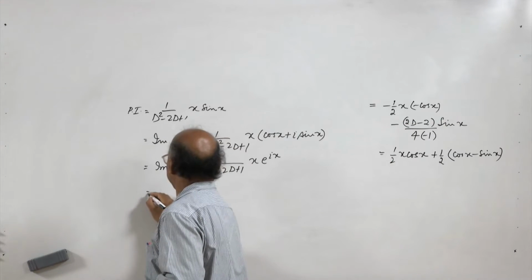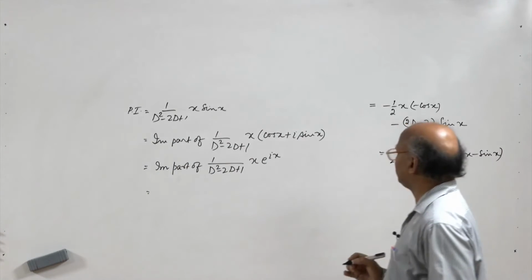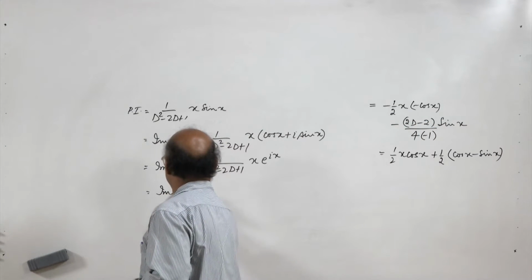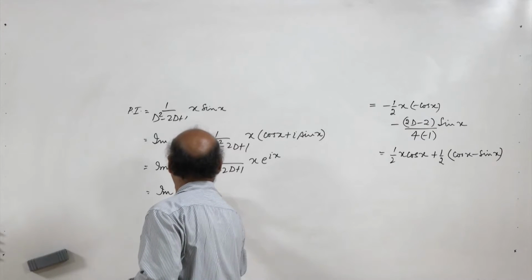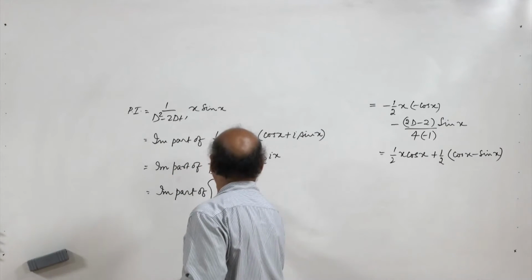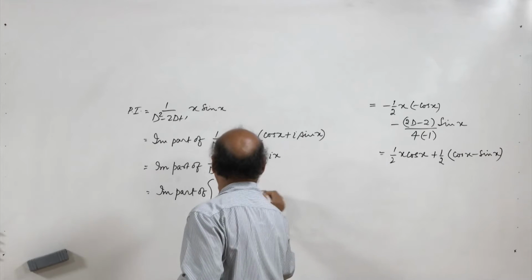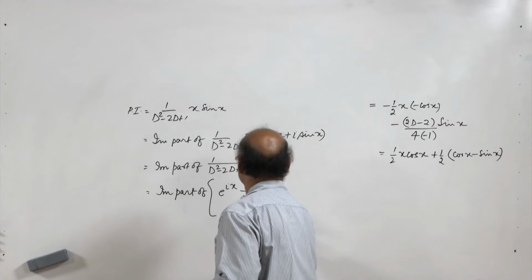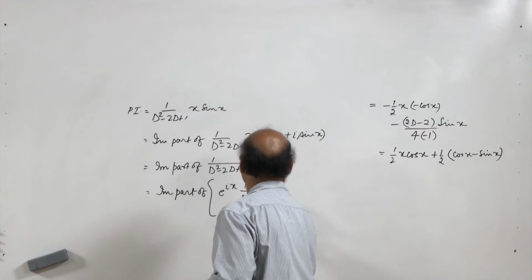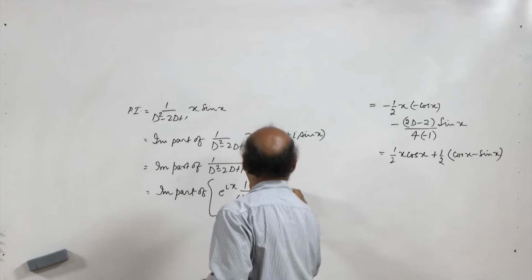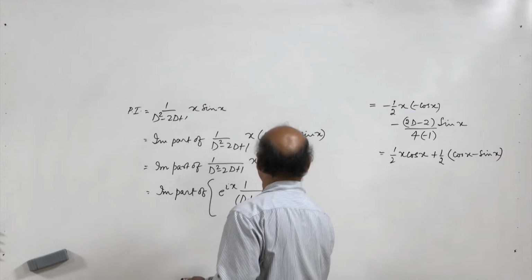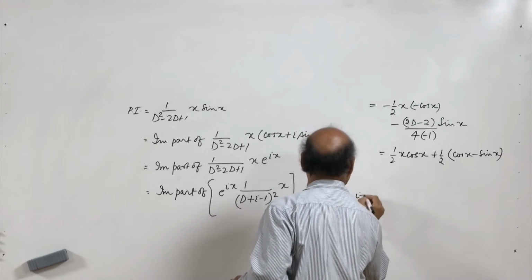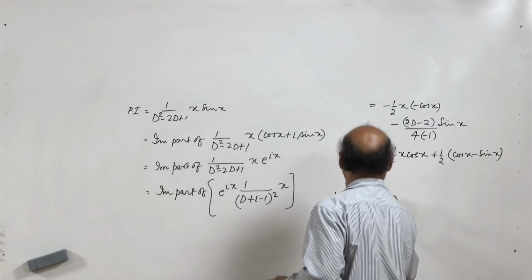Now, let us apply the formula 1 over f(D) operating on e to the power ax into V. If we apply that formula, we get D minus 1 whole square, where D is replaced by D plus i. So we get D plus i minus 1 whole square operating on x. Let us say i minus 1 is equal to some alpha.